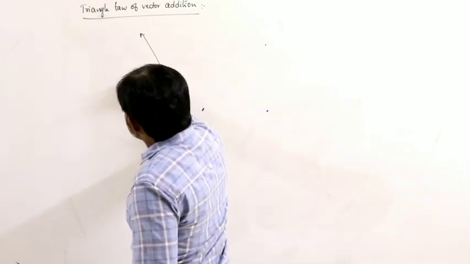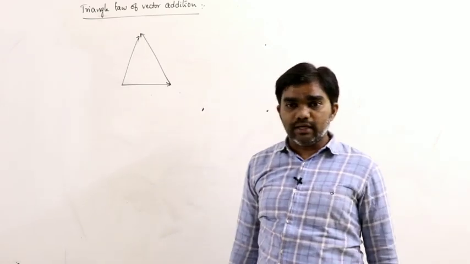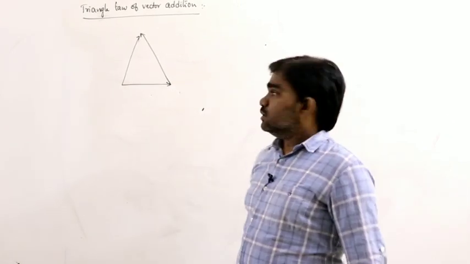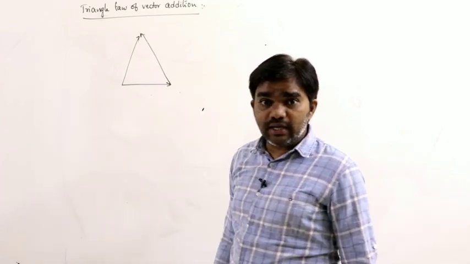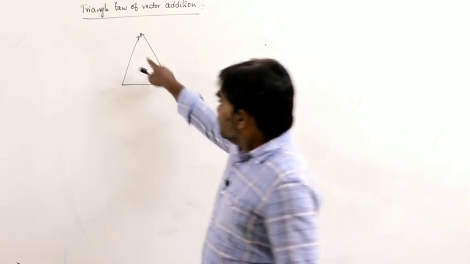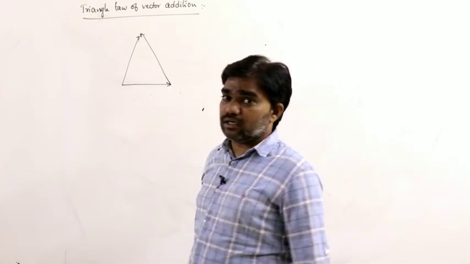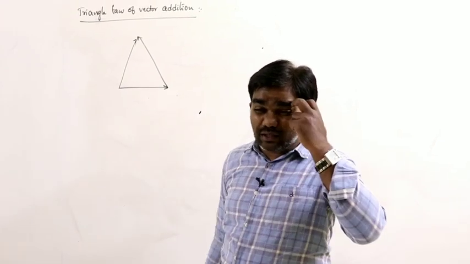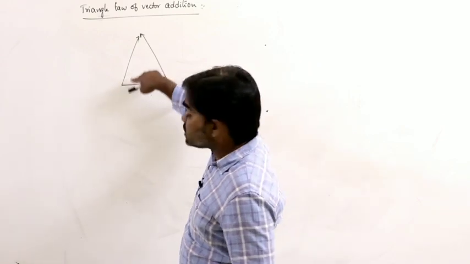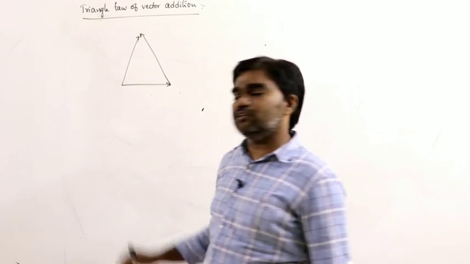Then the closing side of the triangle, taken in reverse order, represents the resultant of these two vectors.